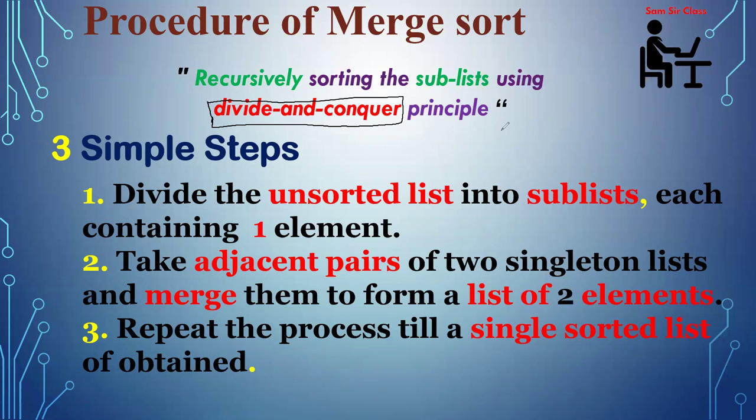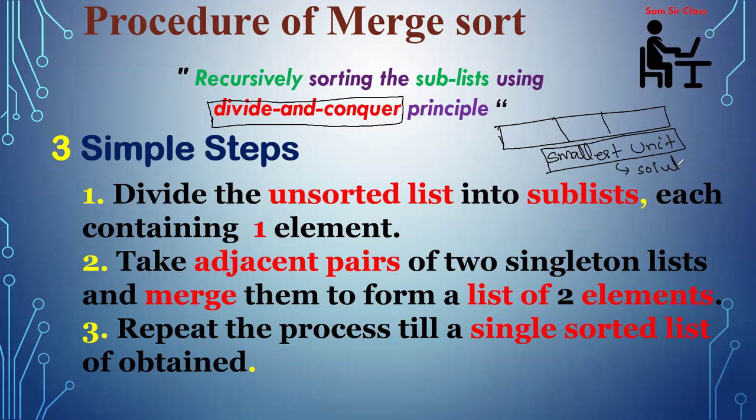Basically, there is a large problem and you are not getting the solution, so you divide the entire problem into the smallest units of the problem, and then individually for every smallest unit you find the solution, and then you combine all the solutions into a single solution, which is the solution of the original problem. That is known as divide and conquer.